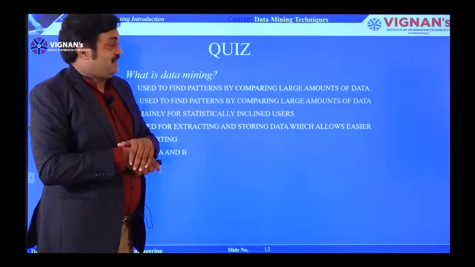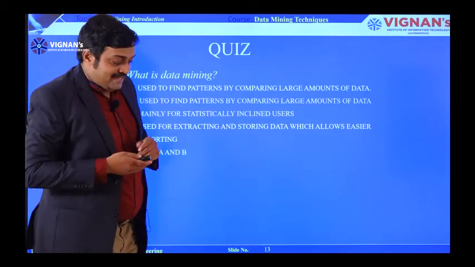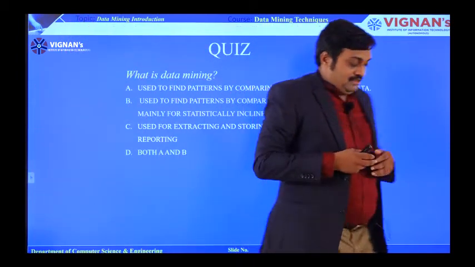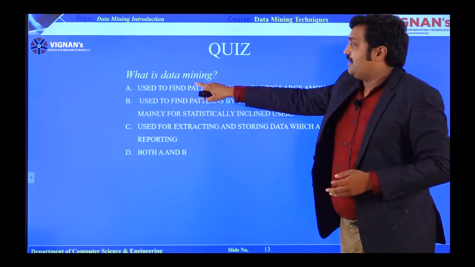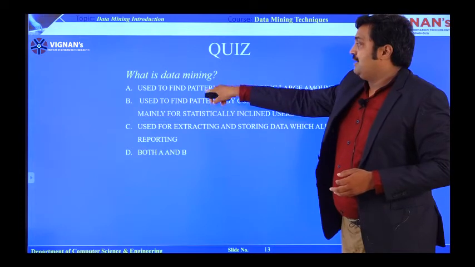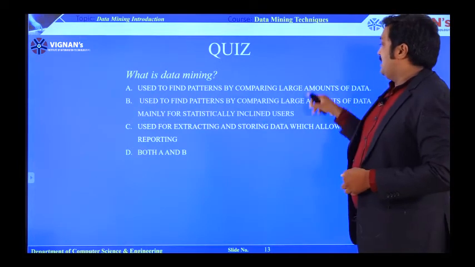So the correct answer: data mining is generally about trying to extract and find the pattern. In both cases we have pattern comparing.